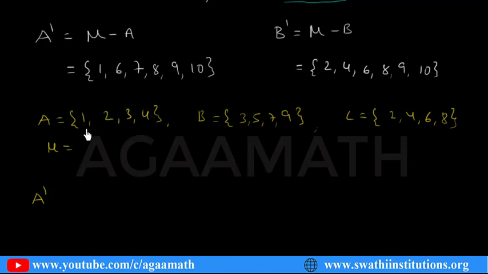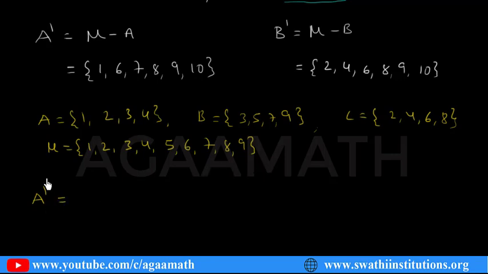So you can frame a universal set: 1, 2, 3, 4, 5, 6, 7, 8, 9. I framed it according to the given sets, because A, B and C should all be subsets of the universal set.